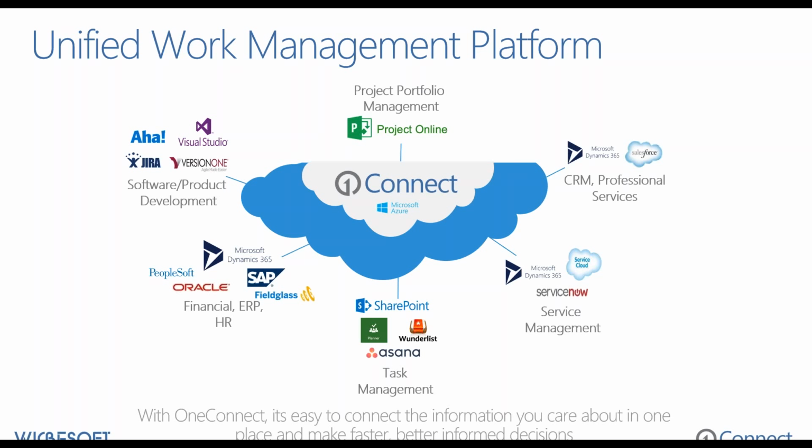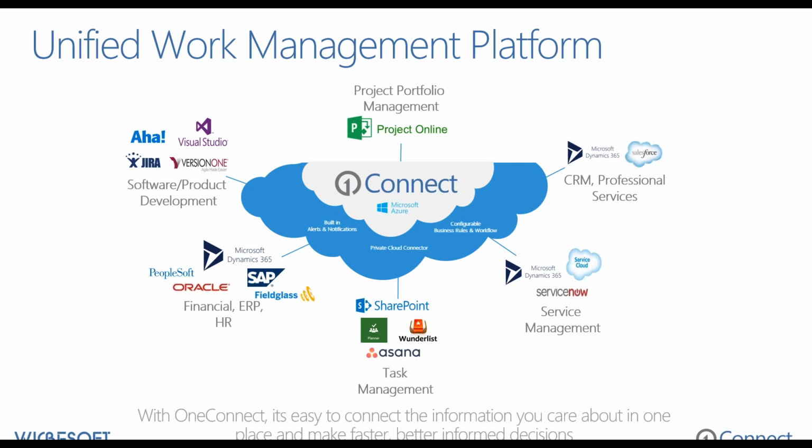In this myriad of tools that are out there, in many cases, they're not working together in any way, shape, or fashion, or people are trying to build their own one-off custom connectors that they have to maintain and stay on top of a changing landscape of APIs and solutions that are out there. The idea is that Wickersoft's OneConnect can bring these things together to easily connect the information you care about in one place and make better, faster informed decisions from a comprehensive data set.